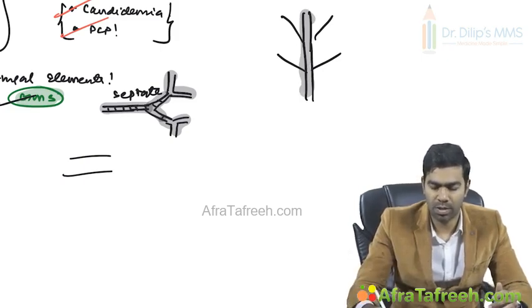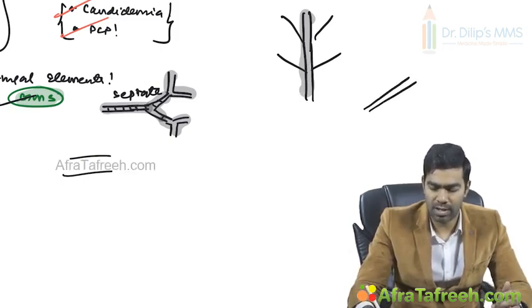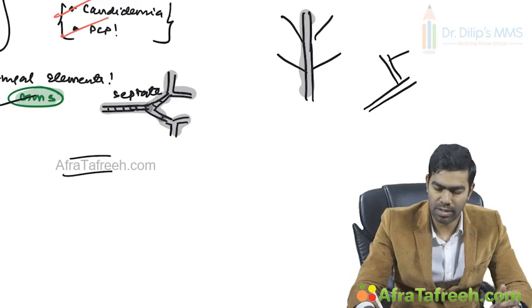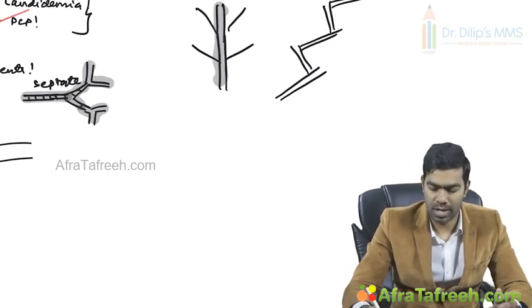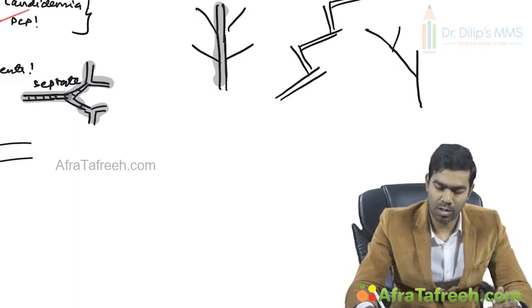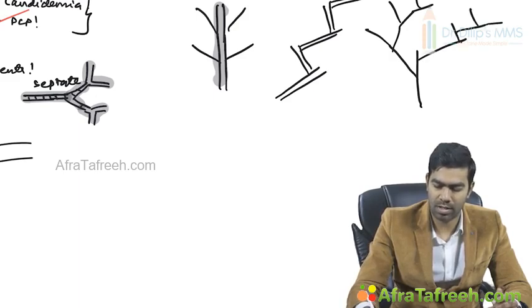This is one type of growth. And a tree can grow laterally like this also. This is another type of growth. A plant can grow like this also. This is another type of growth. And third is the dichotomous growth, where the tree grows through all the branches like this. Typically, this is how a child draws a tree, isn't it?